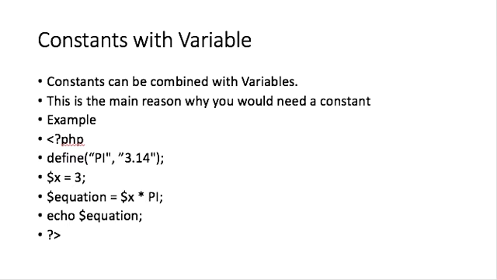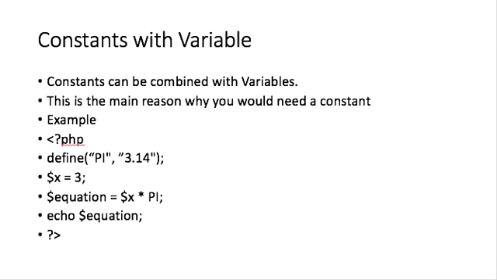If you have a ton of equations with pi in them, and you want pi to be the same number for every single one of those equations, you would always just use the name of the constant, pi, and combine it with any type of variable you want to multiply it with, add it with, or subtract it with.